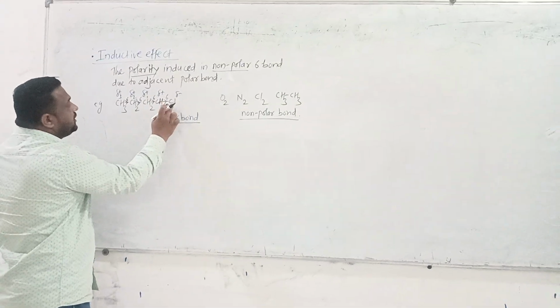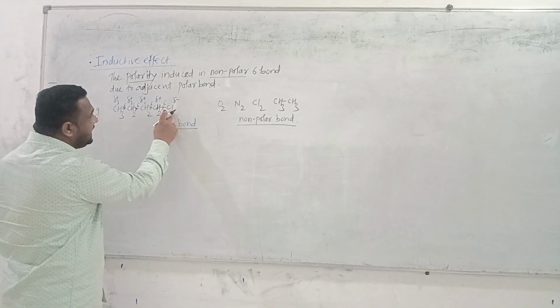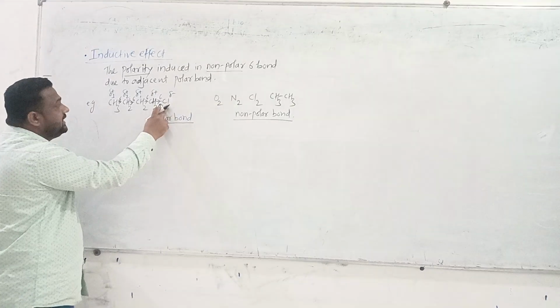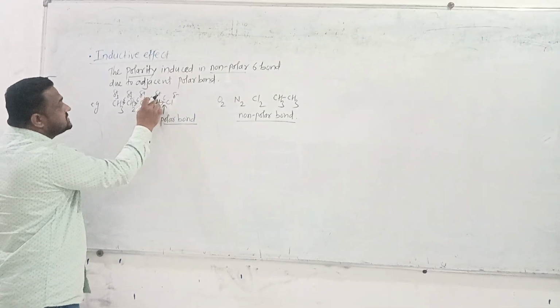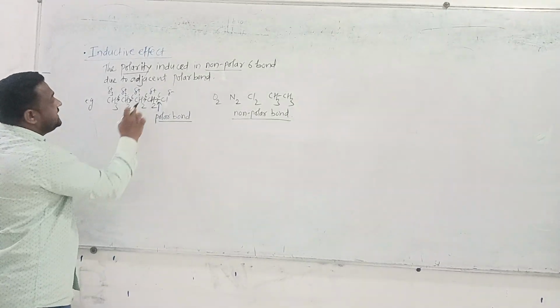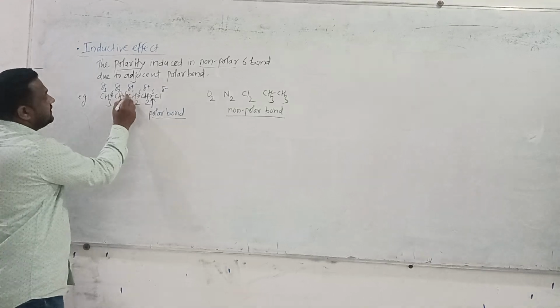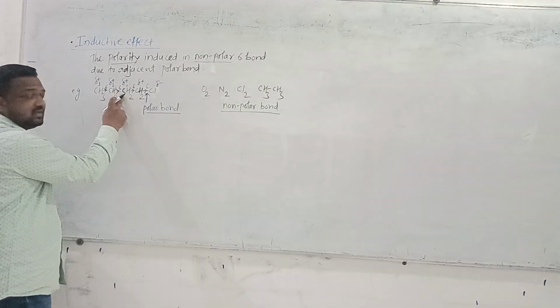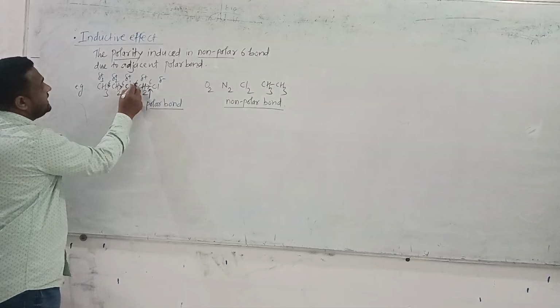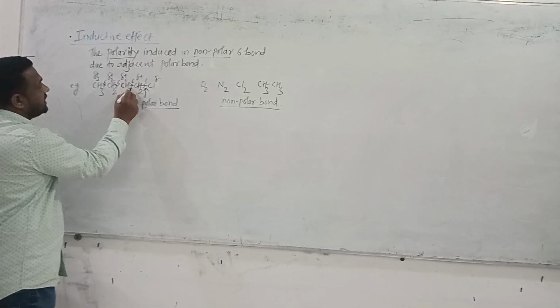Due to the withdrawal of electrons by the chlorine atom, this carbon becomes electron deficient. Therefore, this carbon again withdraws electrons from the next carbon atom, and this sigma bond becomes polar.